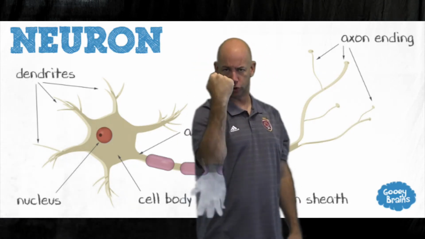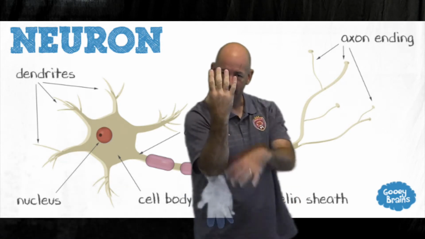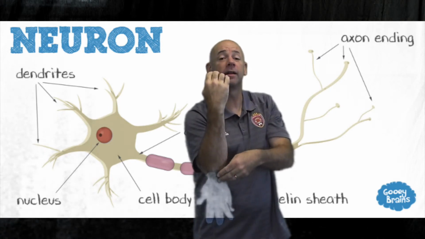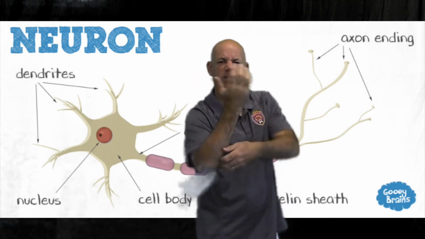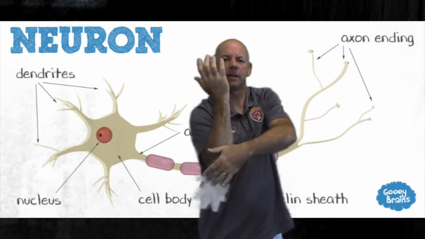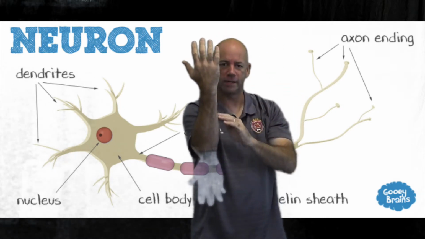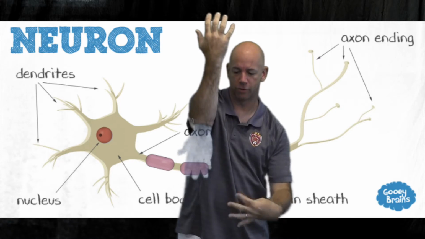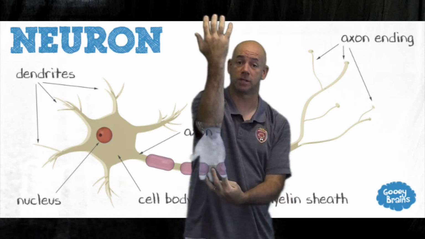Here we go. Soma, dendrites, axon, and then axon terminal. Let's wiggle our elbows for that one. Axon terminal. All right? And what does that do? The information comes from here, goes all the way down, and then comes out the axon terminal, where another neuron comes along and makes a connection just like that.